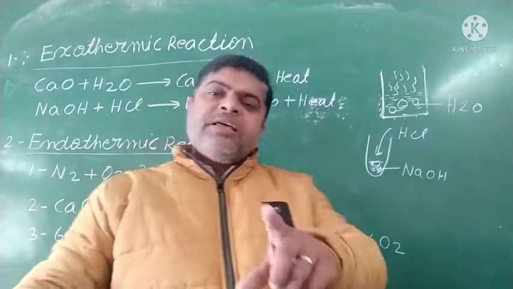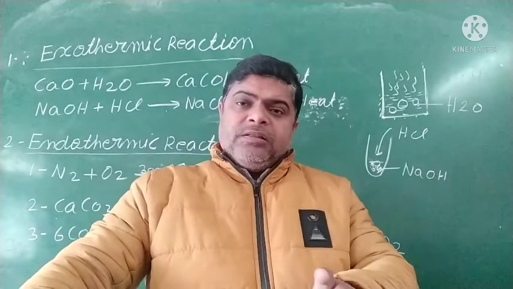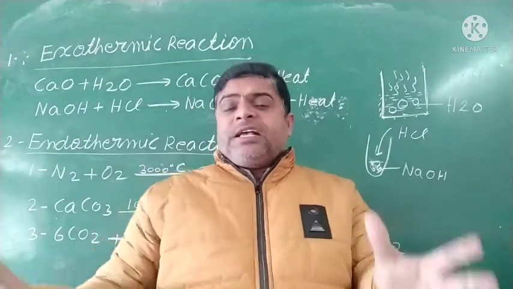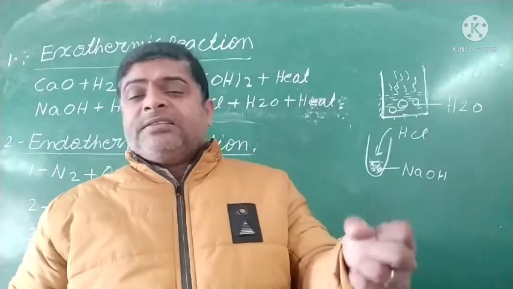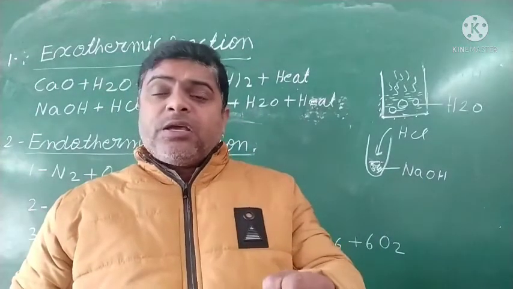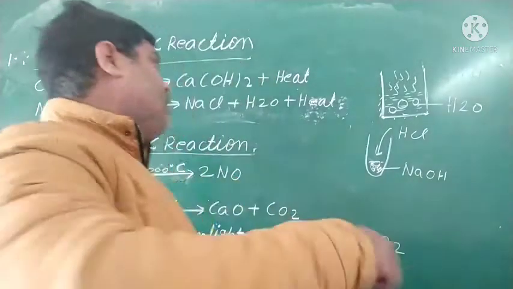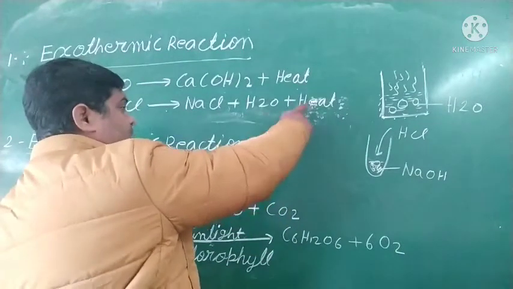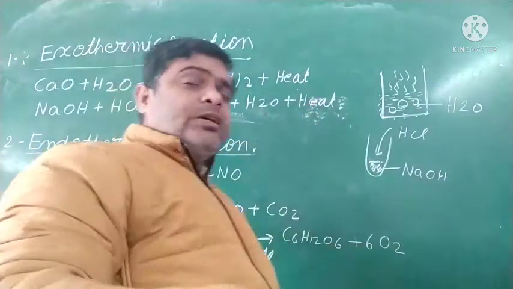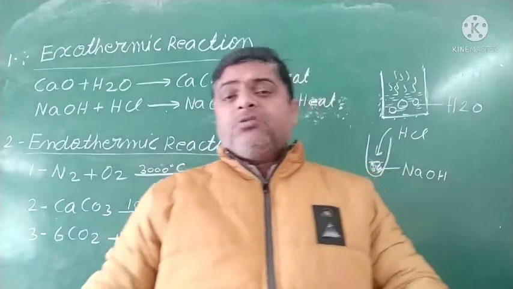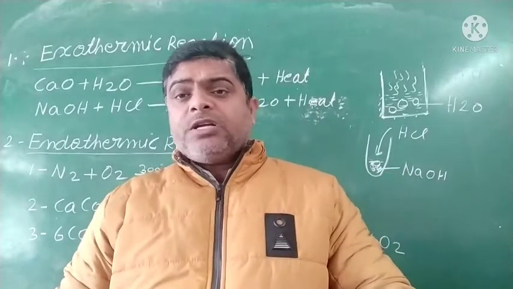When acid reacts with the base, a reaction starts, some gas and some heat release, and as a result it forms salt and water. So this is also an example of the exothermic reaction. Okay, student?